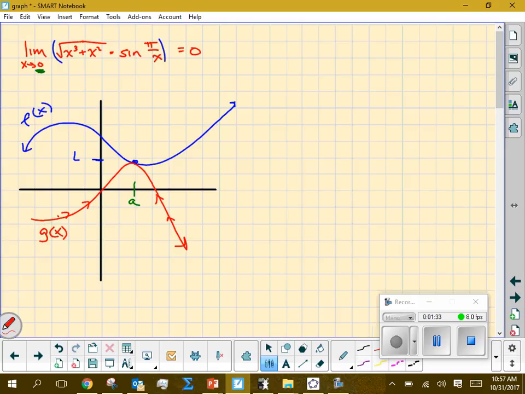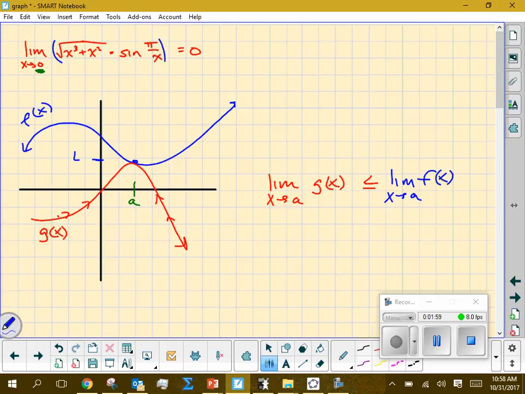So the limit of g of x as x approaches that a value is going to be below the limit of f of x as x approaches that a value.